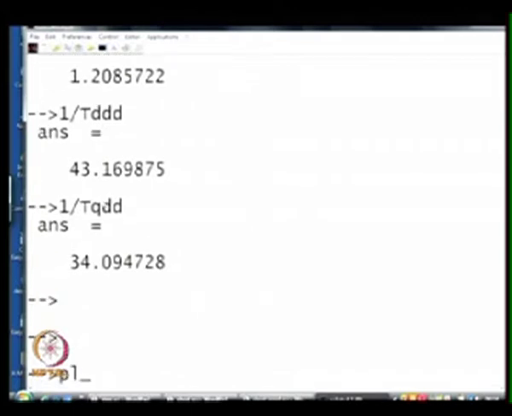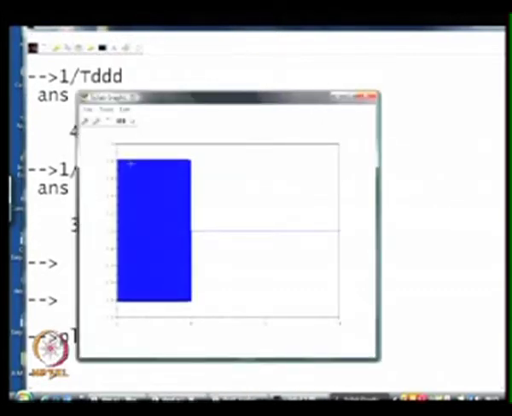So if I plot VA, initially of course the system is under steady state and under open circuit conditions. At time t is equal to 5, you find that this becomes 0.